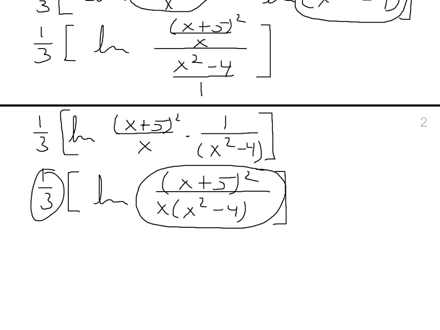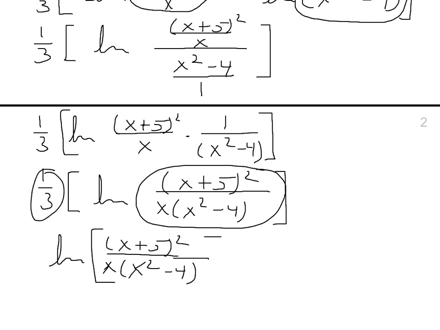We'll have the natural log of the square of x plus 5 divided by x times x squared minus 4. Now all of that is going to go to the 1/3 power, so I need some kind of grouping to show that it's all going to the 1/3. So I'm going to stick some brackets on there.